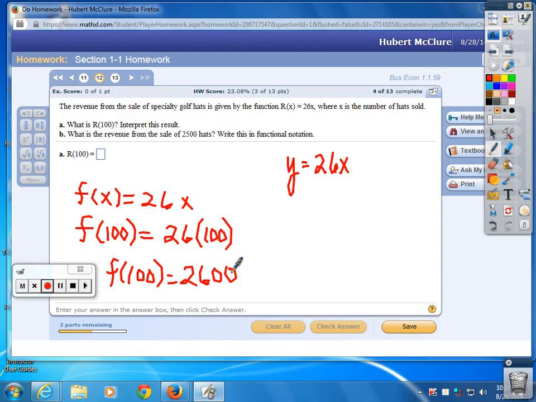Now, let's talk about what we just found out. It says the revenue from the sale of golf hats is given by revenue is equal to 26 times the number of hats. So what does this tell us right here? Somebody put that in sentence form, not write it down. Tell me what that says.